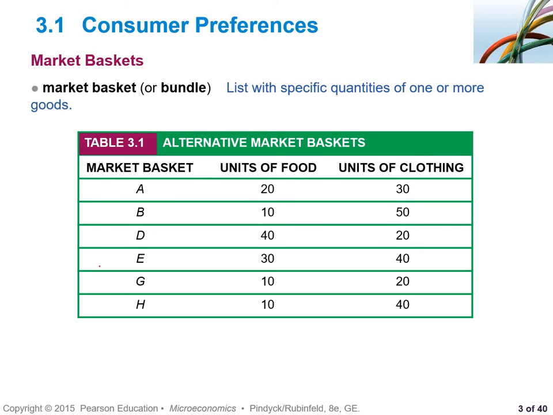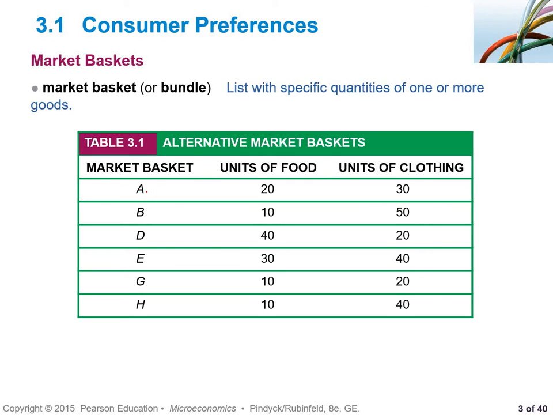So here there are different market baskets, and likewise is the case with D, E, G, and H. And from these market baskets, any one should be given preference. ठीक है, या हम ये देखेंगे कि how a consumer is going to make a preference while choosing any of these baskets. तो वैसे ही हम discussion करते हैं इसमें कि how we can compare different market baskets from each other.